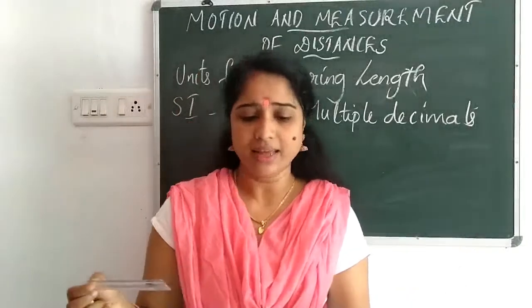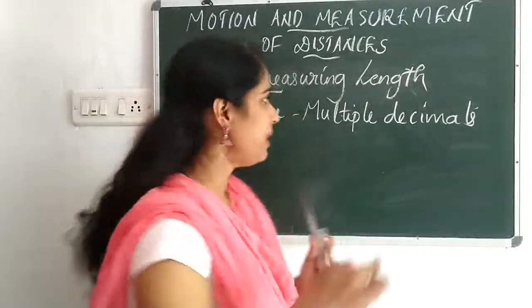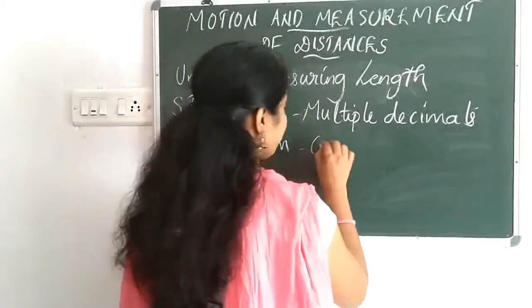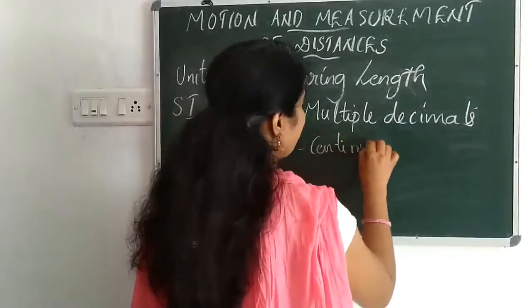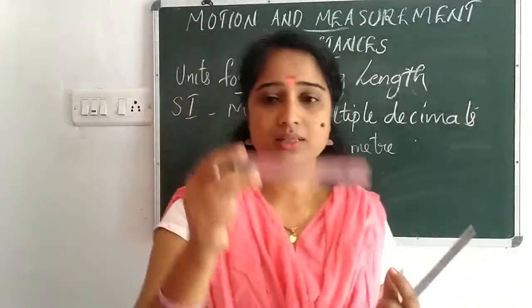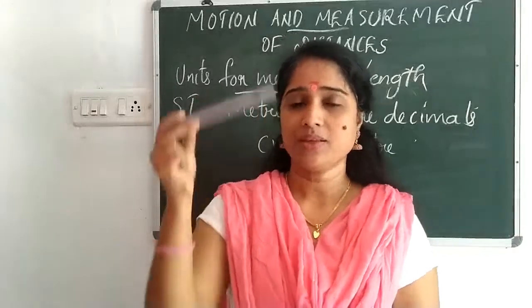So just look at the scale and observe. One unit is written there. What is that unit? Can you see cm there? What is that? Centimeter. So how many centimeters are marked in your scale?